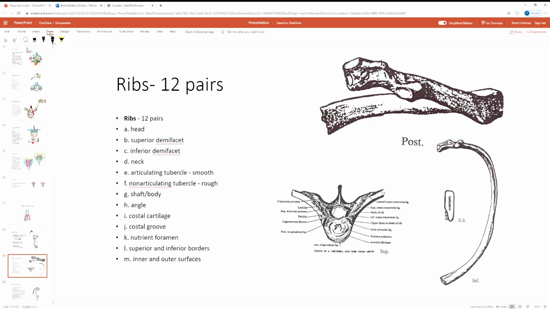We have 12 pairs of ribs. They all have a head and a neck. So let's go ahead and label the head and the neck.